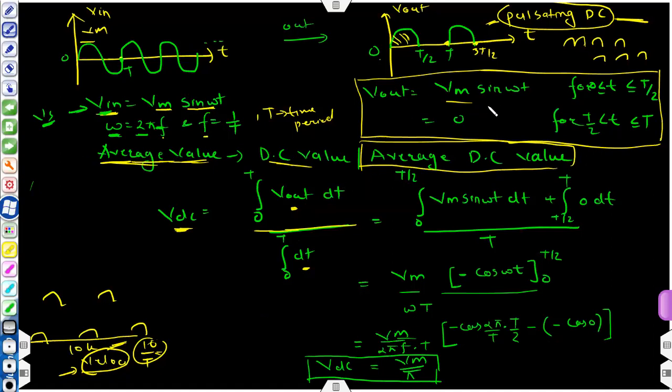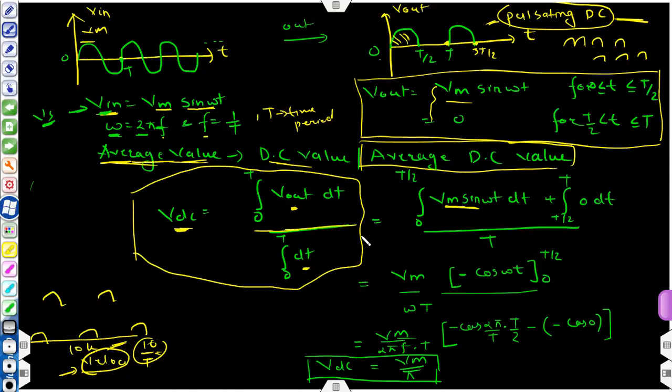So substituting the value for V out, I have the integral from 0 to T by 2 of Vm sin omega t dt, plus the integral from T by 2 to T where the value is 0, divided by T. The denominator can simply be written as T, just to show that this is the original formula. You could have directly written T. Vm is constant and T is constant, so they are taken out.